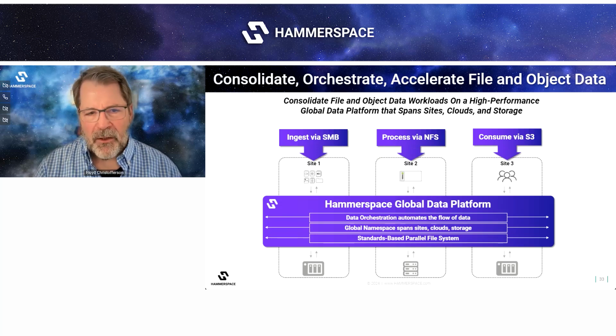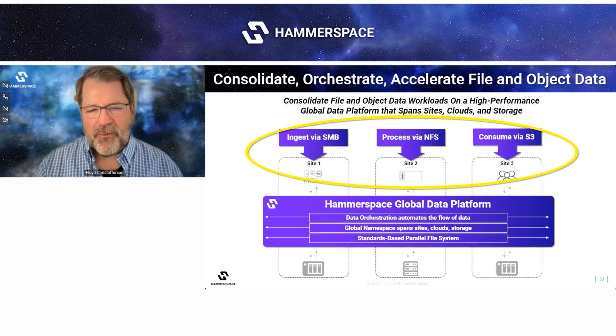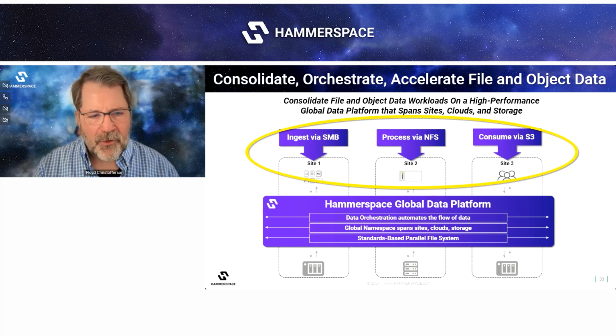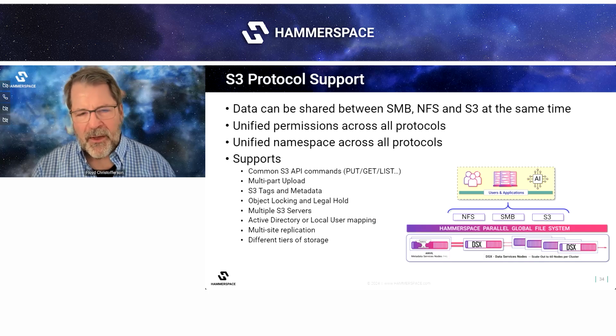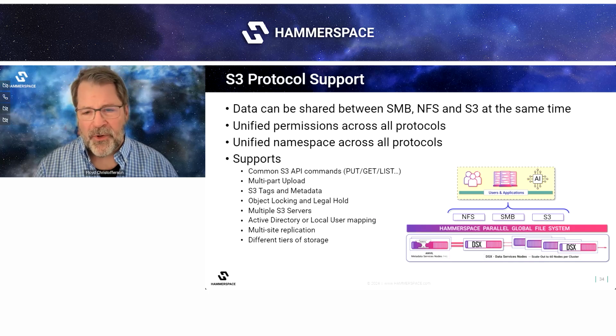Data might arrive from an instrument via SMB or be processed via NFS, or need to be accessed by users or applications that need to see an object store. And so with version 5.1, we're really proud to announce the introduction of an extremely high-performant S3 protocol to join our standards-based NFS and SMB protocols on the front.